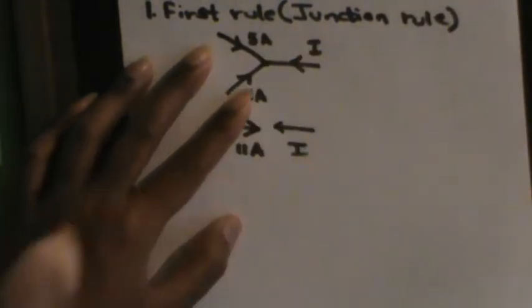So this is I. Current is normally taken as a scalar, and voltage sometimes we take as a vector, but normally voltage is also a scalar.